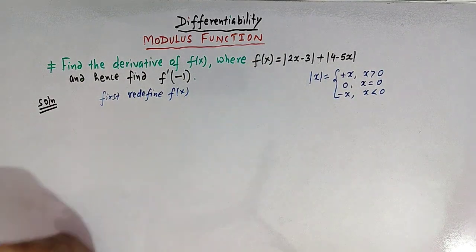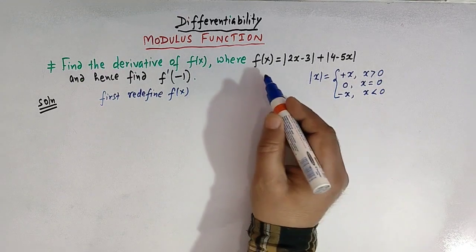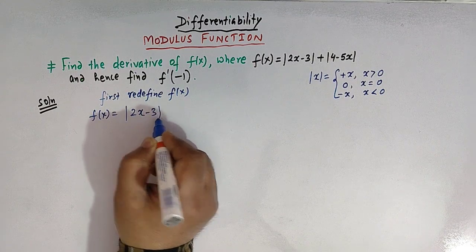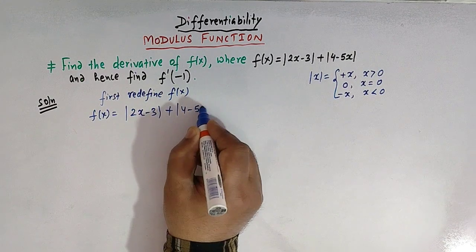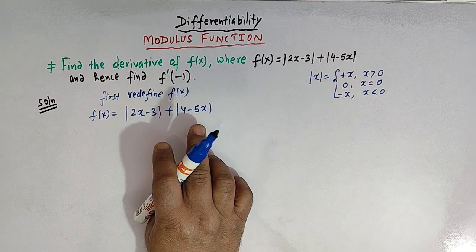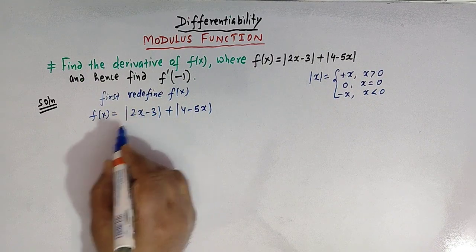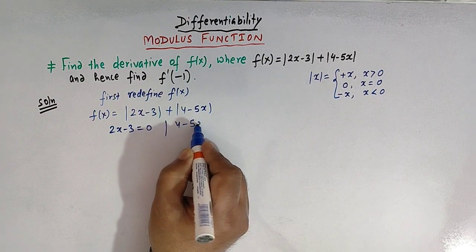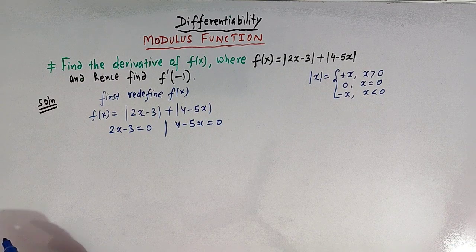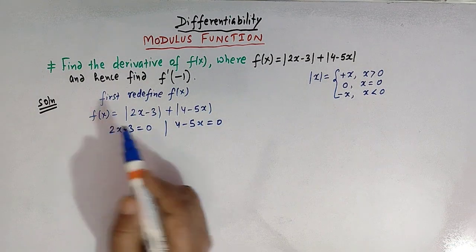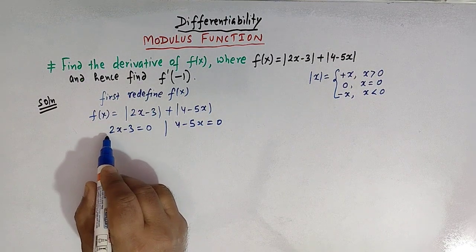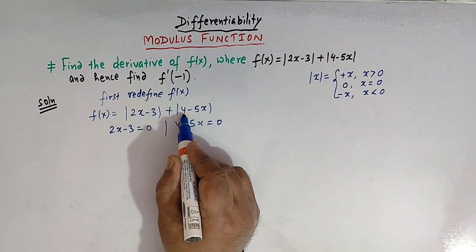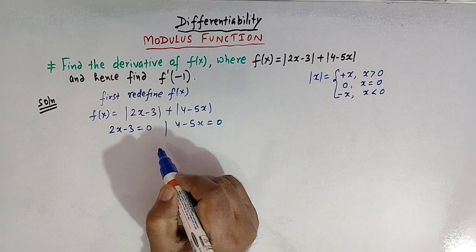Let us first see that this function f(x), which is |2x - 3| + |4 - 5x|, is not differentiable at the points where 2x - 3 = 0 and 4 - 5x = 0.